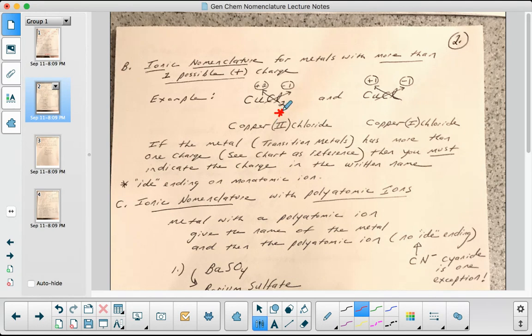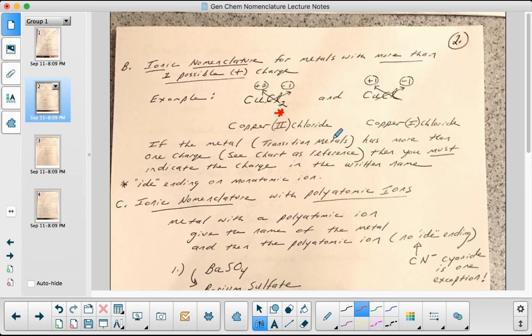In this case, since the charge on the copper is a +2, I use a Roman numeral of 2 in the name in between the metal and the non-metal. And here, since the charge on the copper is a +1, I'd use the Roman numeral 1 there.